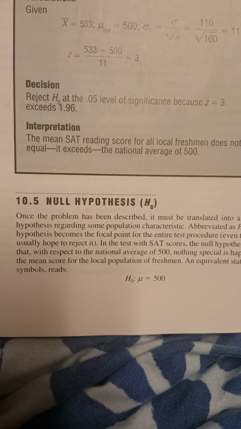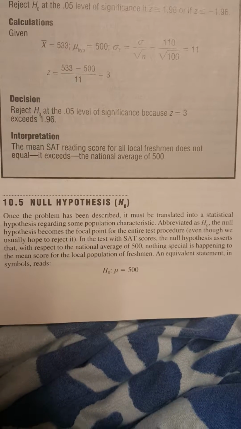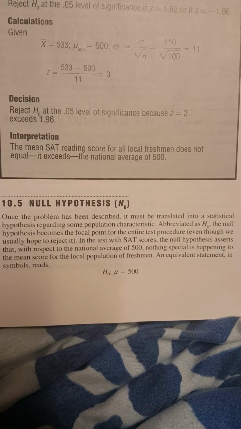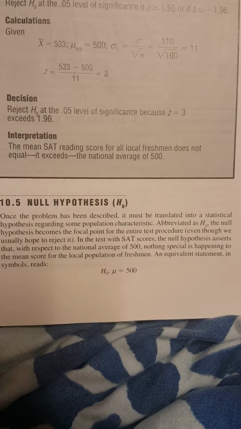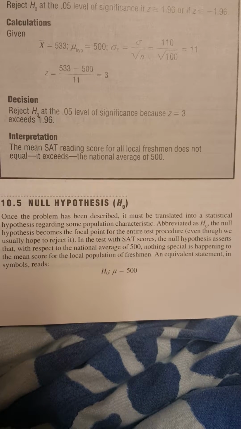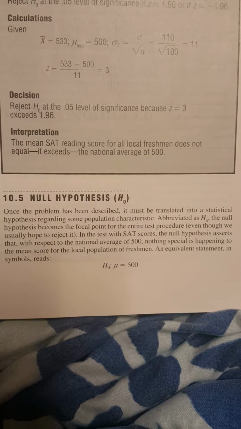10.5 Null hypothesis. Once the problem has been described, it must be translated into a statistical hypothesis regarding some population characteristics. The null hypothesis becomes the focal point for the entire test procedure, even though we usually hope to reject it.